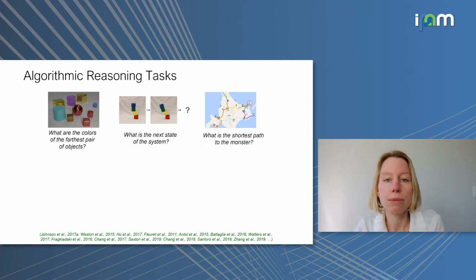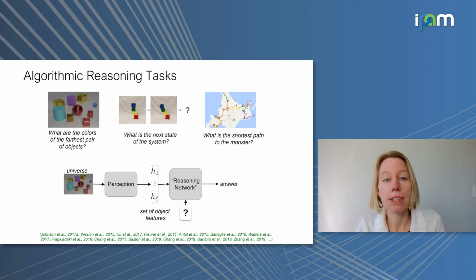Or in physical reasoning, trying to predict the next state of a physical system, or trying to compute something like a shortest path. So in all of these tasks, you're given essentially a universe of some items, and they're interacting in some way. And then first you have to actually perceive these items and encode them in some feature vectors. And then you're trying to reason about these items and try to answer the question.